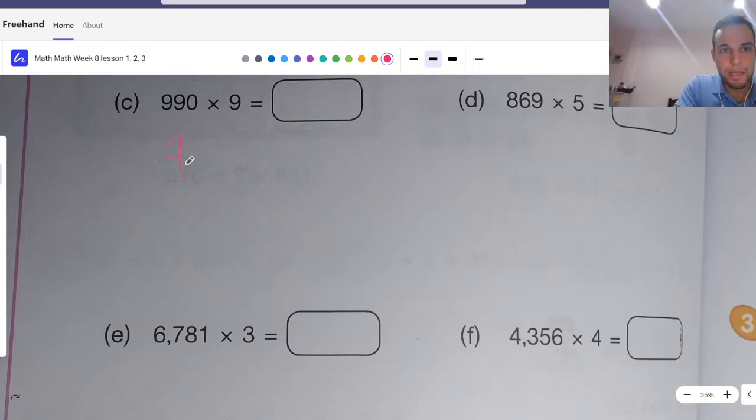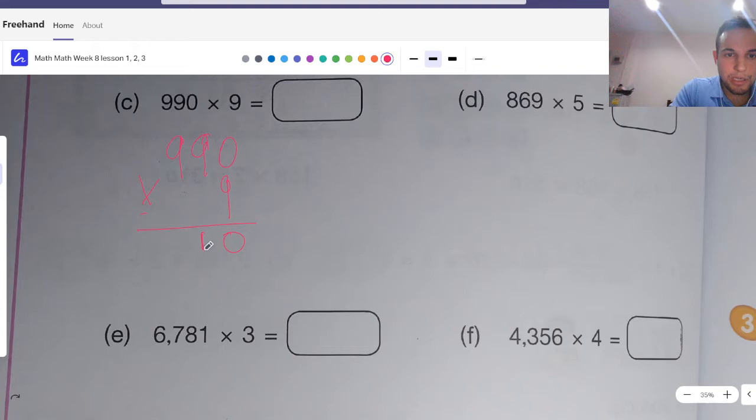Now, let's take a look at 990 times 9. 9 times 0 is 0, of course. 9 times 9 is 81, right?